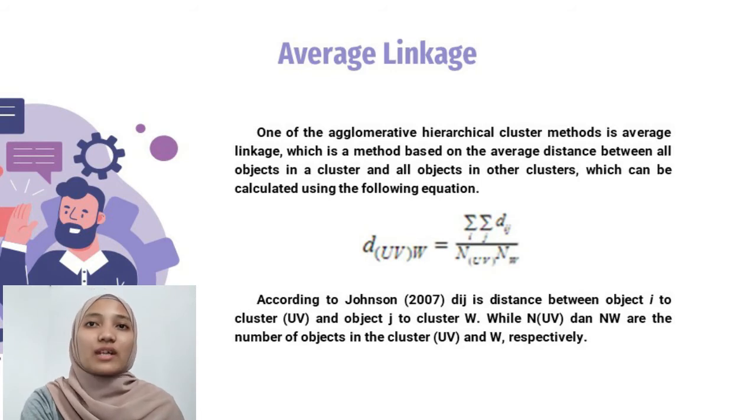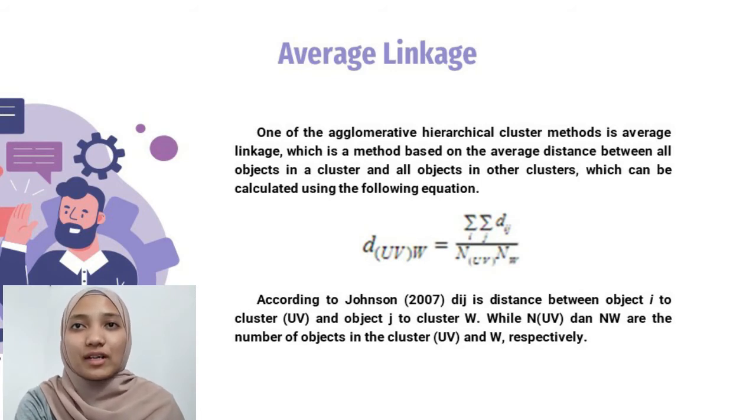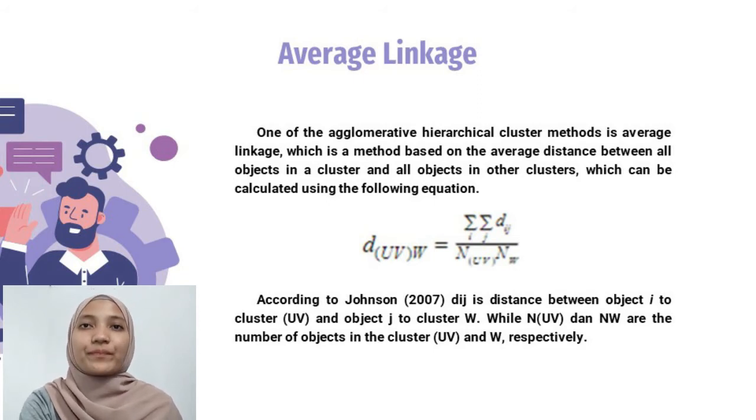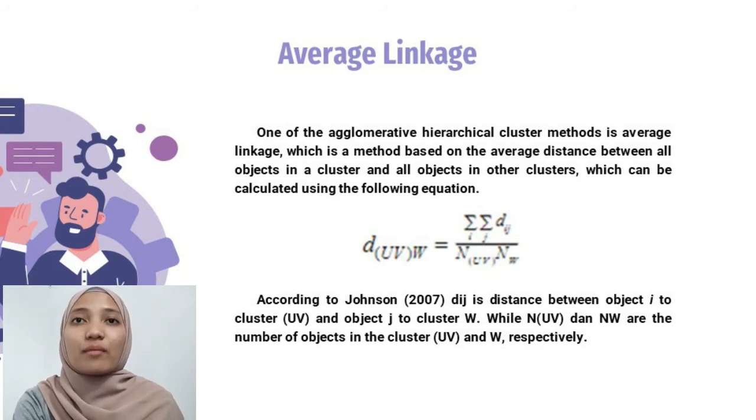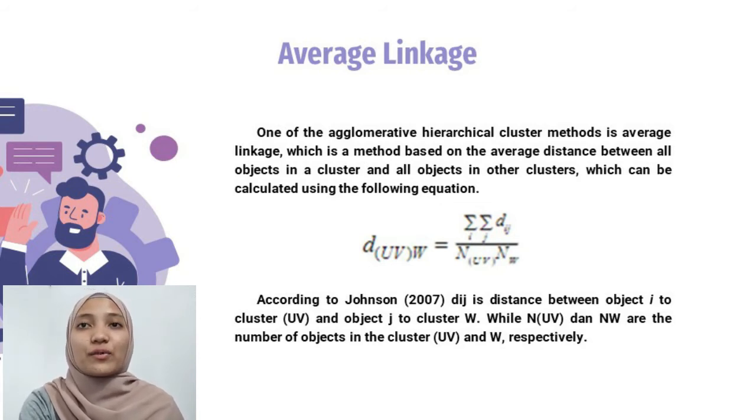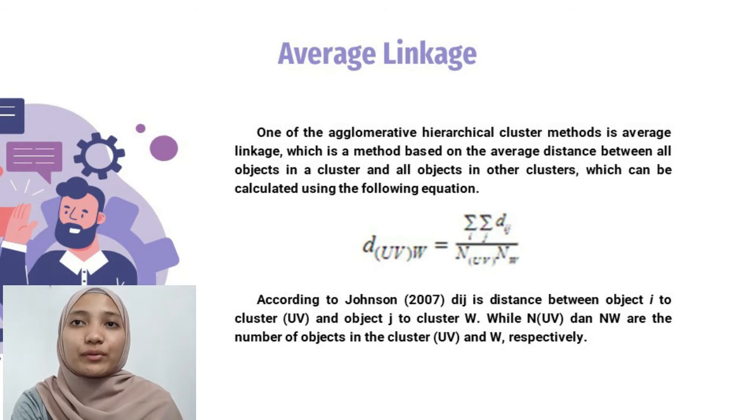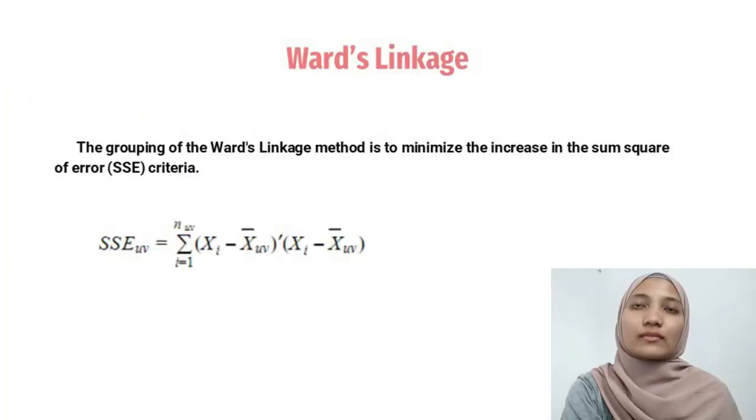According to Johnson 2007, d_ik is the distance between object i in cluster UV and object k in cluster W, while N_UV and N_W are the number of objects in clusters UV and W respectively.